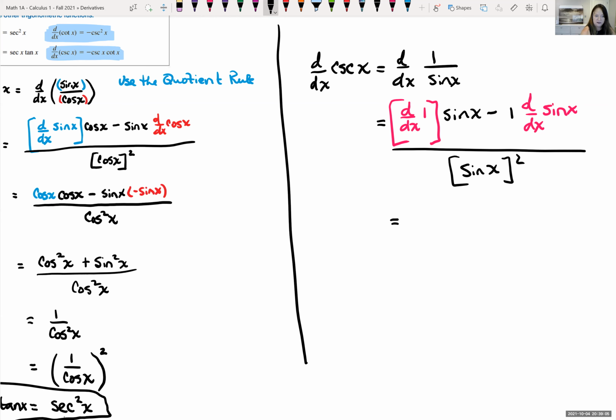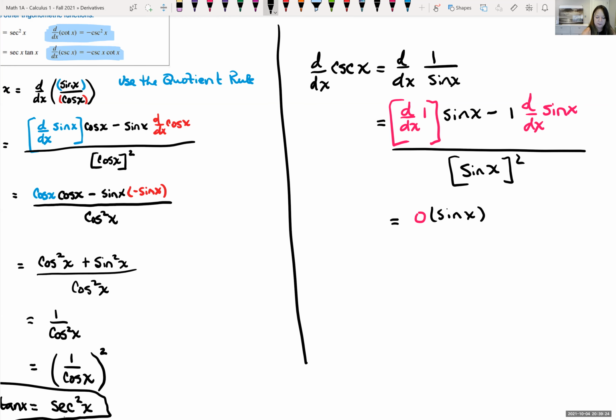So again, the derivative of a constant is 0. And so 0 times that sine x goes away. And we have minus 1 times the derivative of sine x. Sine doesn't have co in it, so it's going to be positive, and that's the other trig function, cosine.